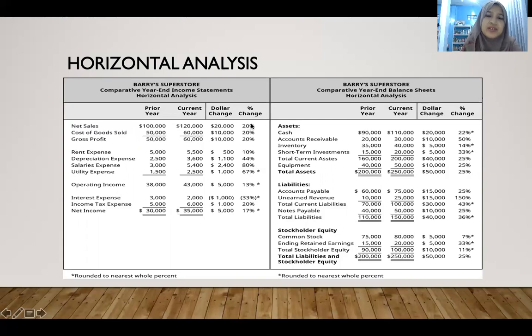And we see the change in percentage, which is the current year minus the base year, divided by the base year amount, and then we multiply by 100%. This is for the income statement. The same thing applies for the statement of financial position: we can calculate the dollar change as well as the percentage change.